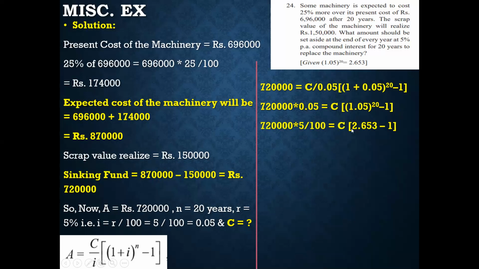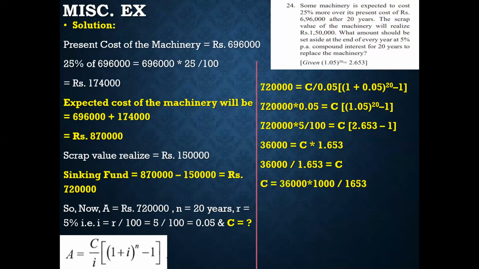The value is already given in the bracket, so we'll substitute the value and remove the decimal like this. On multiplying 7,200 into 5, you get 36,000. And on subtraction, I get 1.653. Again, cross multiply, so it will get divided, 36,000 divided by 1.653. We'll be removing the decimal and we'll be left with 3 zeros upon 1,653.